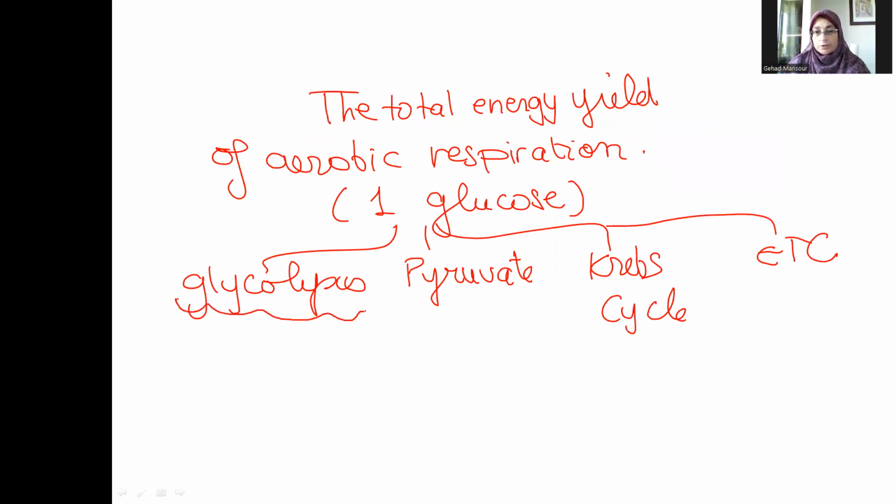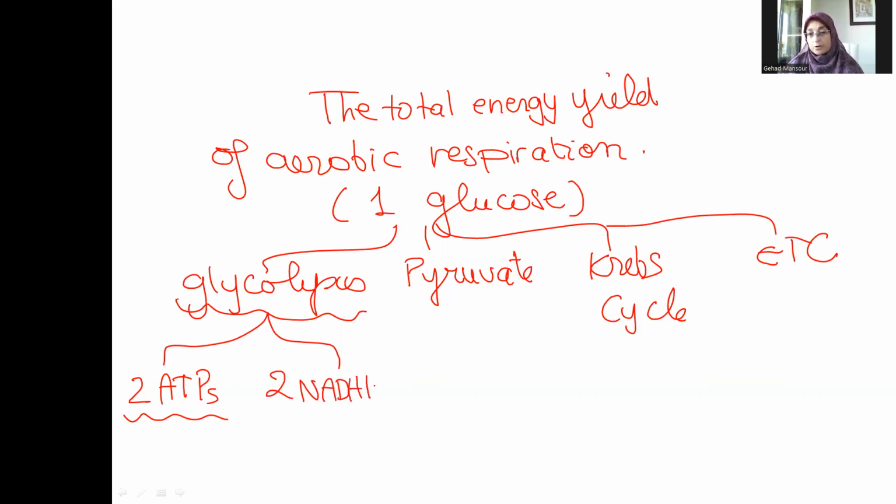So in glycolysis, we had two ATP molecules that were obtained directly. This was the net yield of glycolysis, by direct substrate phosphorylation, and then we had 2 molecules of reduced NAD as a final product of glycolysis that gave 6 ATPs indirectly.